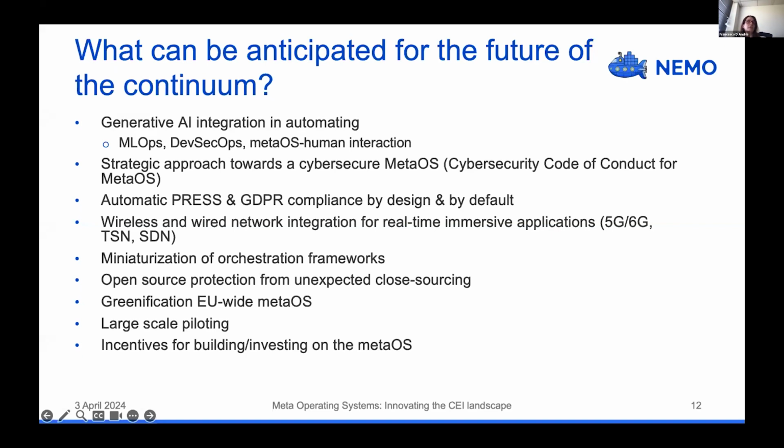This should be taken in the next step, with having this realized for integrating wireless and wired networks, able to support real-time immersive applications through different types of devices, and with very high requirements in terms of latency, in terms of content, and so on.